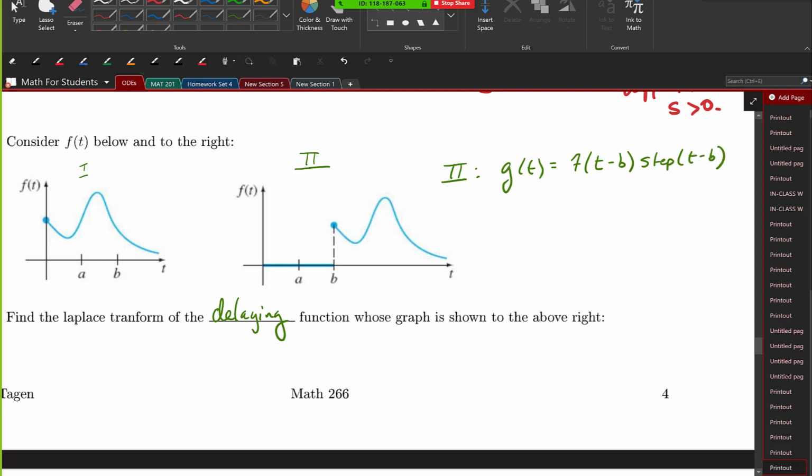How does that work? Well, if I plug in a number smaller than b, the step function will output a 0, which is what I get until I hit time equals b. And then it starts giving me the graph of f of x. But what's happened to the graph of f of x? It's been shifted. So I also shifted the graph of f of x b units up here as well.